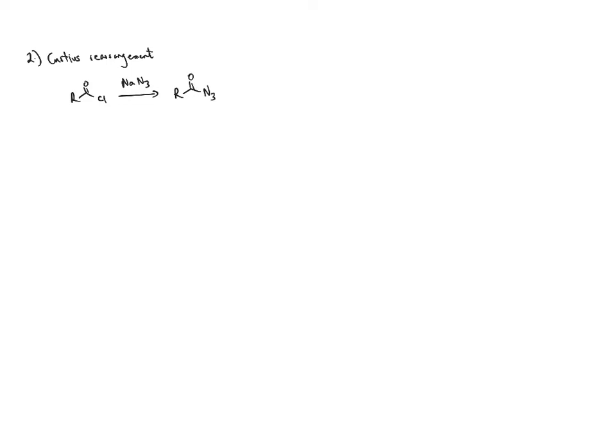Okay, and so the first thing that happens is that sodium azide is going to be nucleophilic at the nitrogen, is going to attack the carbonyl carbon to generate a tetrahedral intermediate, and that tetrahedral intermediate is going to collapse with loss of the leaving group. This time the leaving group is chloride, and you get the acyl azide.